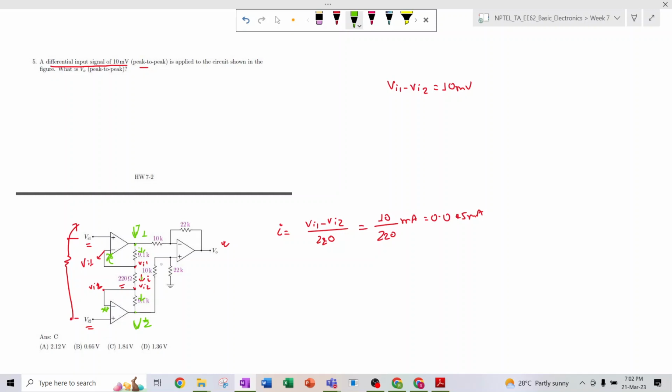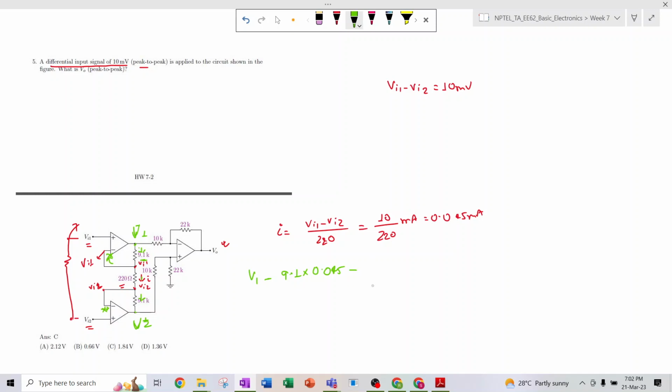So V1 minus, so 9.1 kilo ohm, and the same current is flowing there, so there will be some drop, 9.1 k into this current, that is 0.045, minus this Vi1.